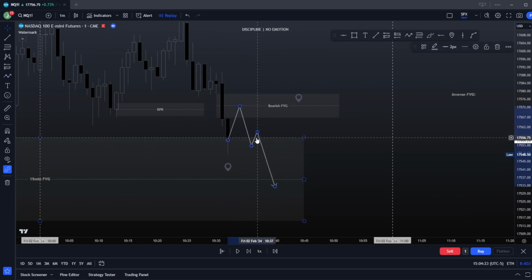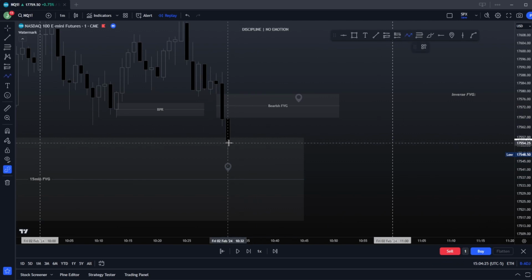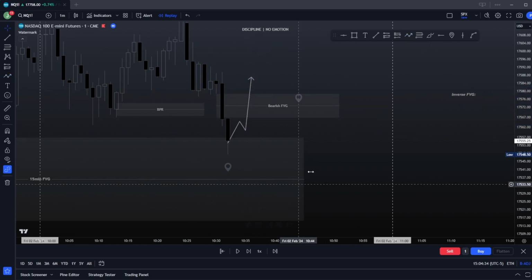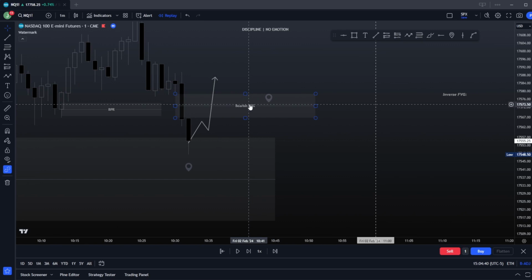However, in situations where price just doesn't care and closes right through, completely disrespects it, that does not invalidate this fair value gap.